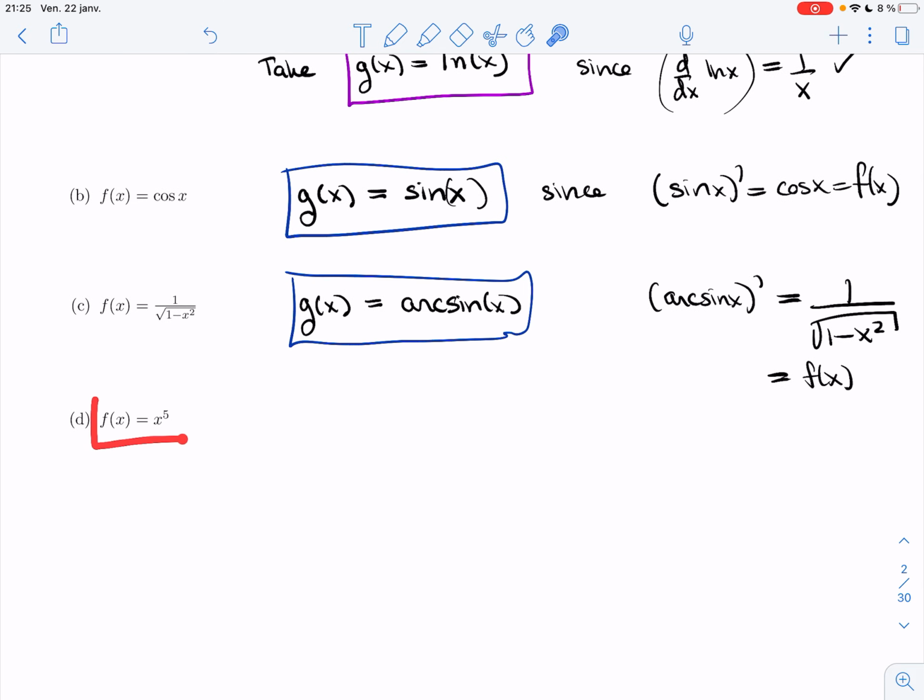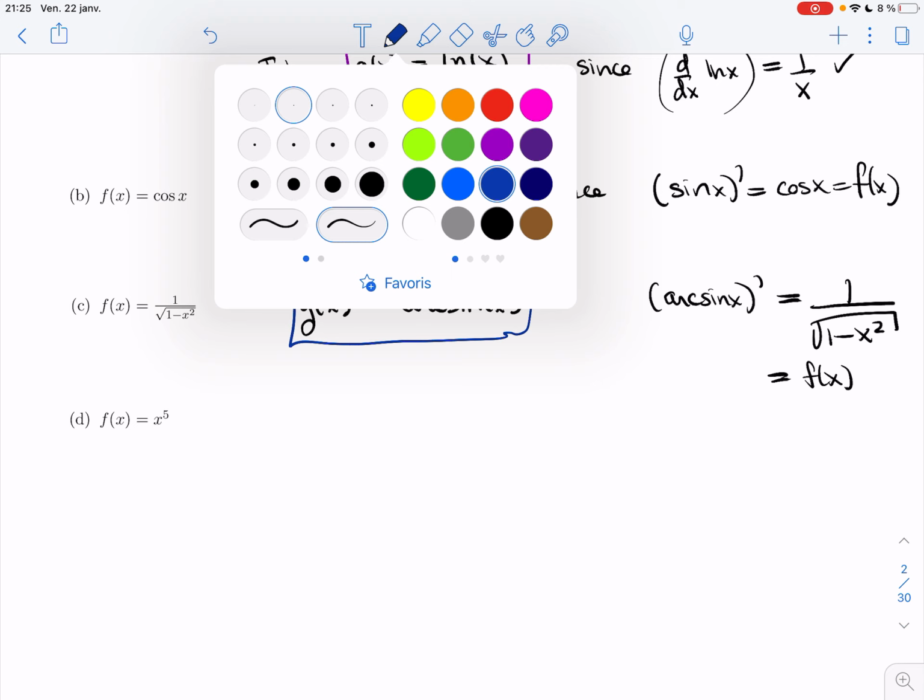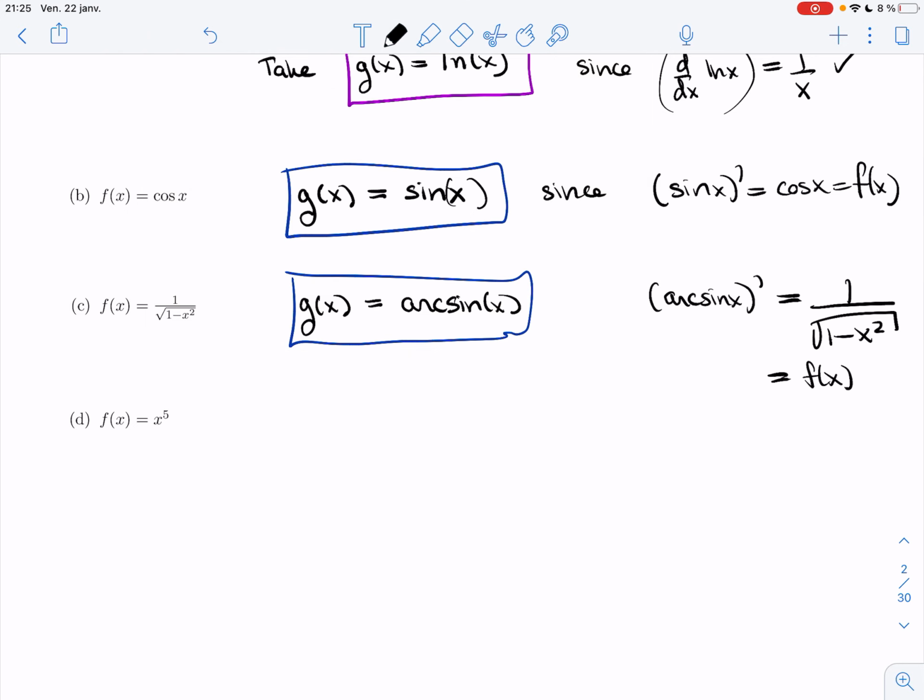Alright, let's try this one. I'm looking for an antiderivative for x to the 5. When we take the derivative, the power decreases by 1. And so here we want an antiderivative and we want to land on x to the 5.